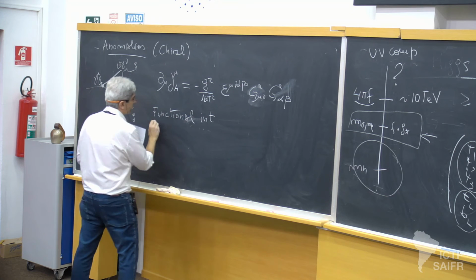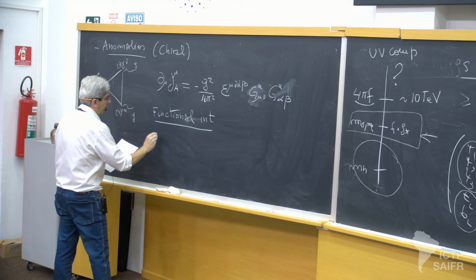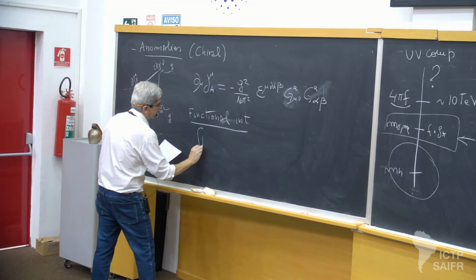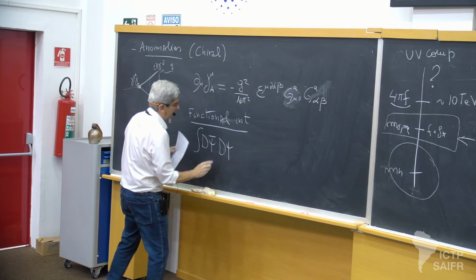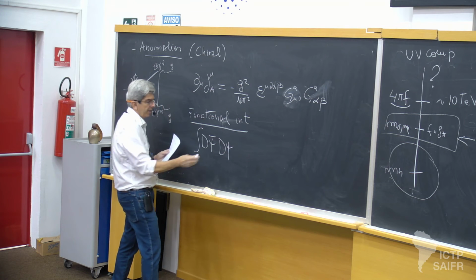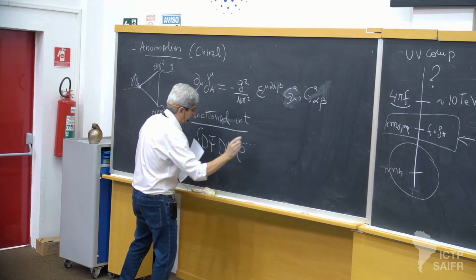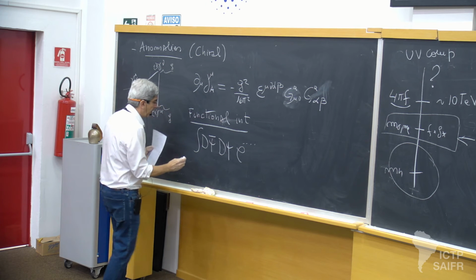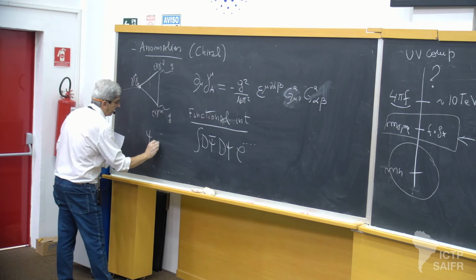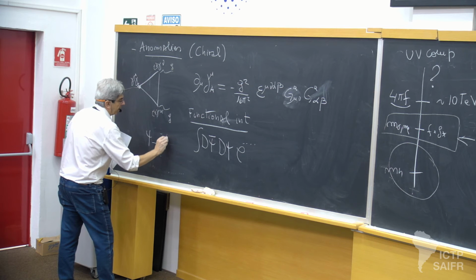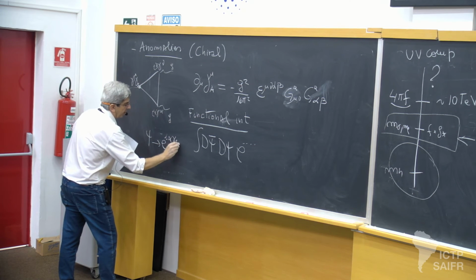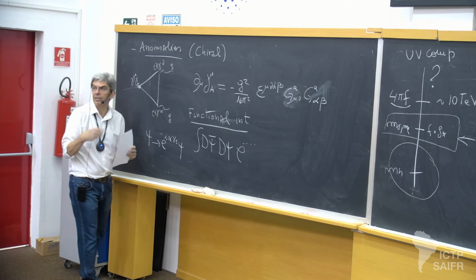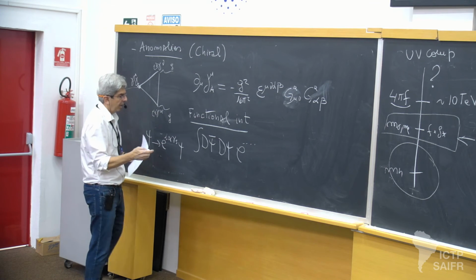In the functional integral, if you're going to do a chiral transformation, and let's say that you have some theory, but now you do a chiral transformation where psi goes to e to the i alpha gamma 5 psi. So this is a chiral transformation.